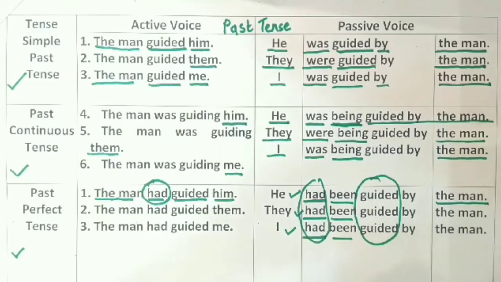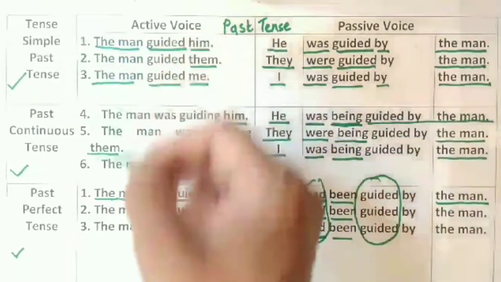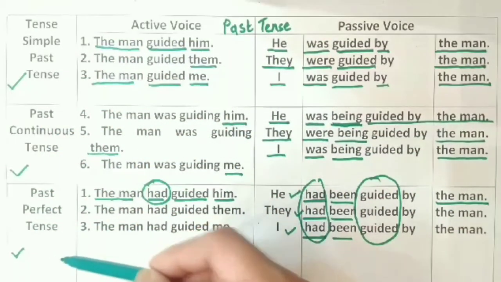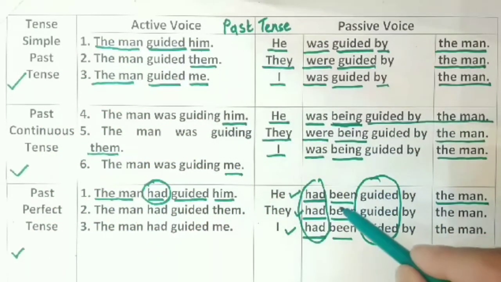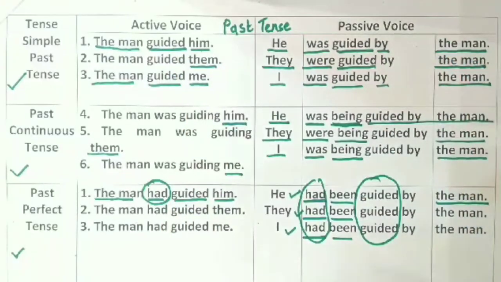We use have and has according to the singularity and plurality of the object, and the word been is used in both present perfect tense and past perfect tense. So this is how sentences from the subtypes of the past tense, simple past, past continuous and past perfect, are transformed from active voice to passive voice.